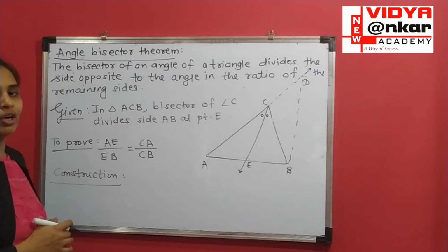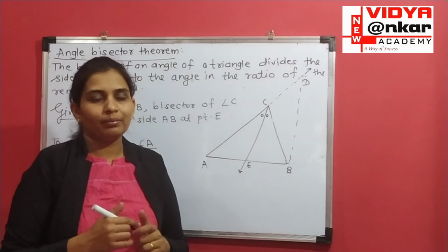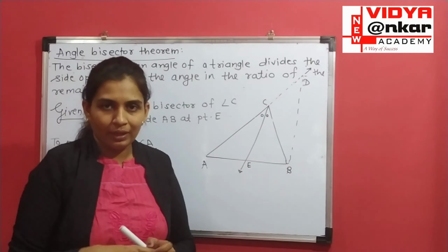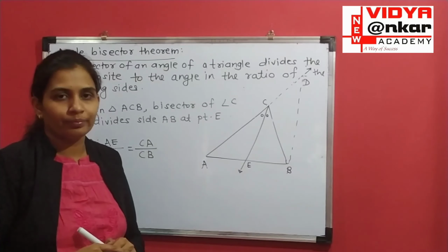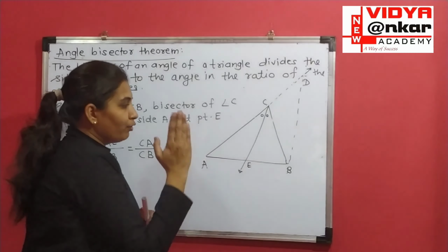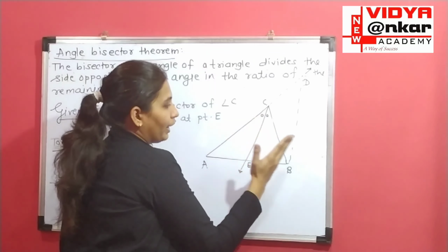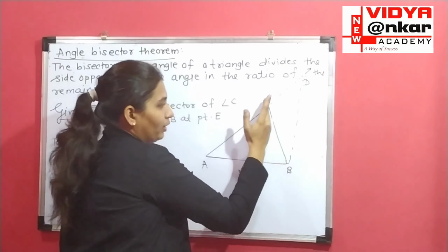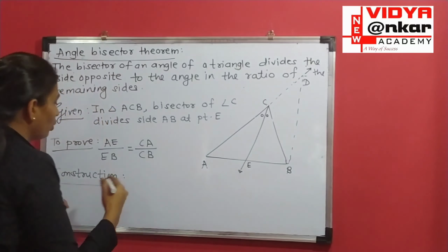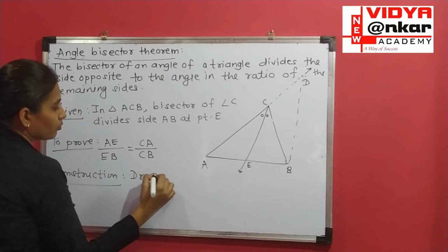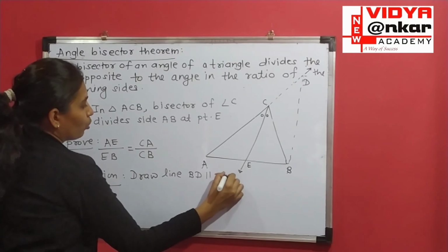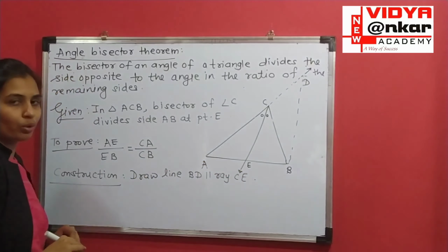Now we have to construct something here again. So what do we have to construct now? Our previous knowledge is basic proportionality theorem, and we have to use that here. So we have to draw a parallel line BD to line CE. Means draw line BD parallel to ray CE. Okay.